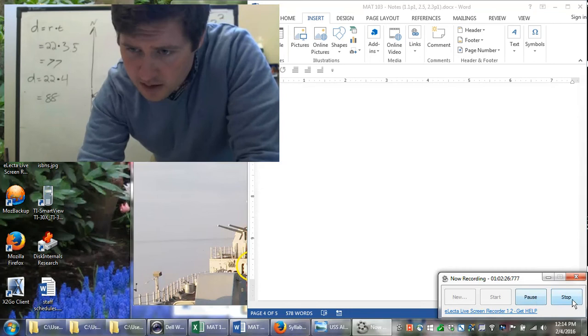So this first leg of the journey, we know our rate. Well, our rate's the same the whole time. It's 22 knots, or nautical miles per hour. And how long did we do that for? We did it for 3.5 hours. And that gives me my distance for this first leg of the journey.